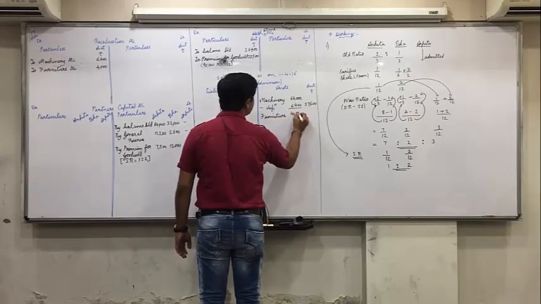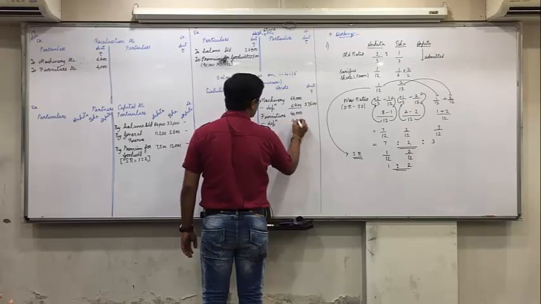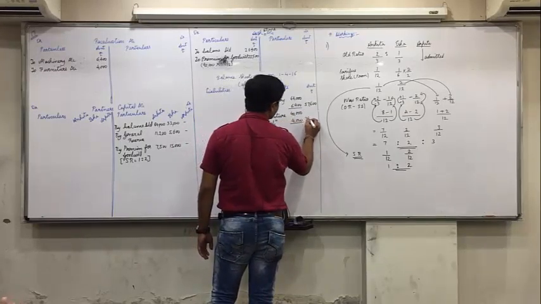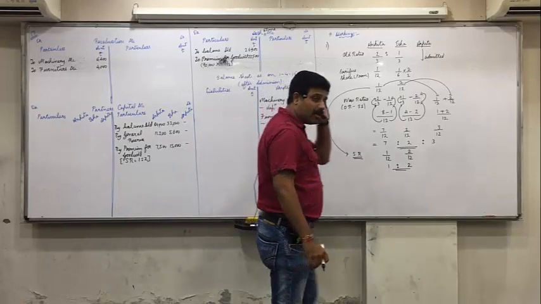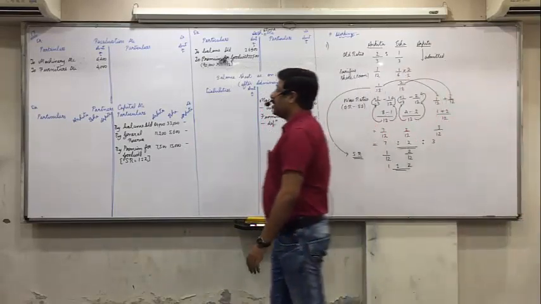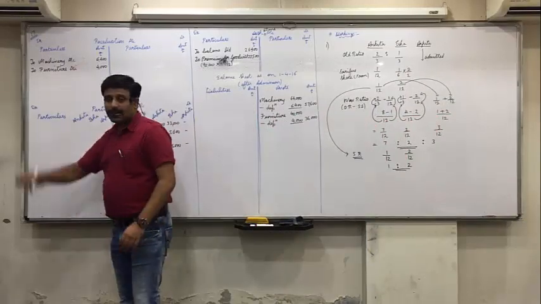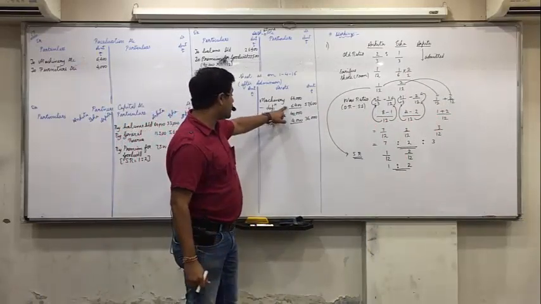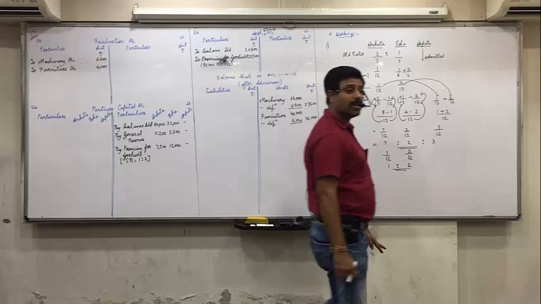Furniture 40,000 minus depreciation 4,000, 36,000. Okay, revaluation account debit, so revaluation on debit side to machinery and to furniture, minus from machinery and minus from furniture.